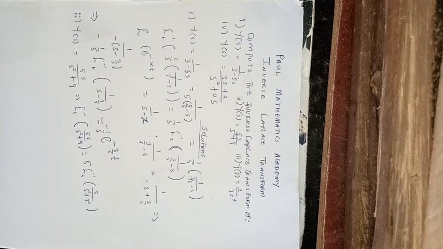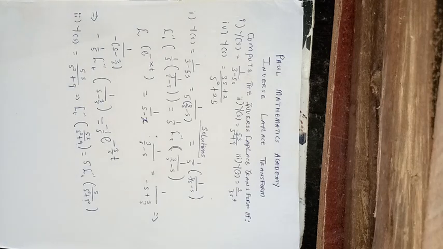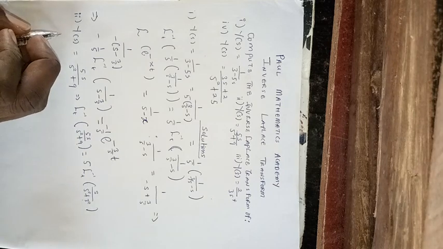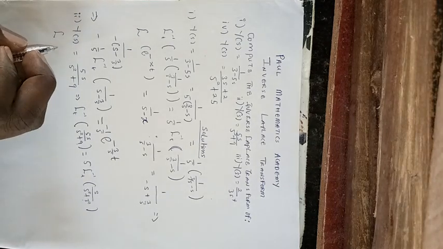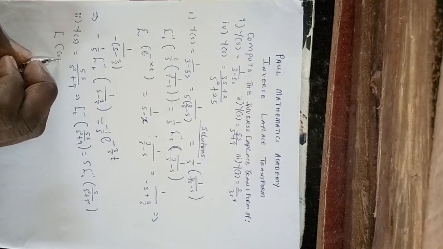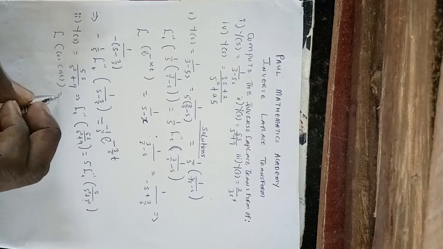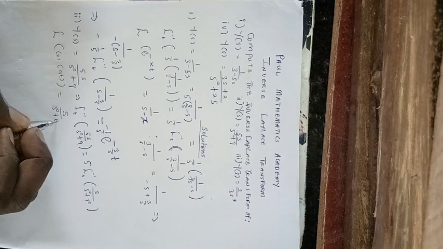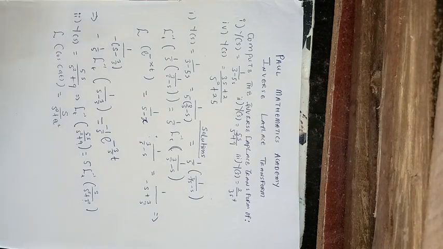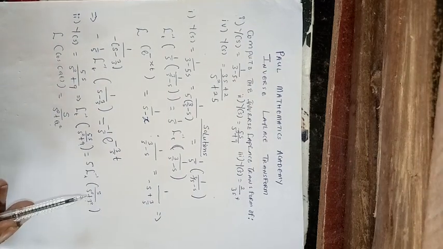Okay, I will quickly recall something for you guys now. Don't forget that the Laplace of cos at is going to give us s over s squared plus a squared. Now, can you see that this function is in this form now? You have s, you have s.